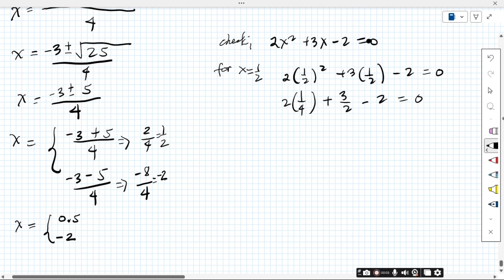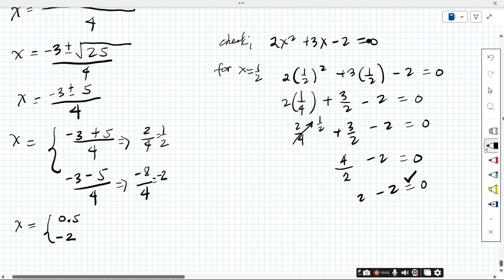This is essentially 2 over 4, or 1 half, plus 3 halves minus 2 equals 0. For 1 half plus 3 halves, the common denominator is 2. 1 plus 3 is 4, minus 2 equals 0. Therefore, 4 over 2 is just 2. 2 minus 2 equals 0. And we have proven that that is correct. So the first root is essentially 1 half.